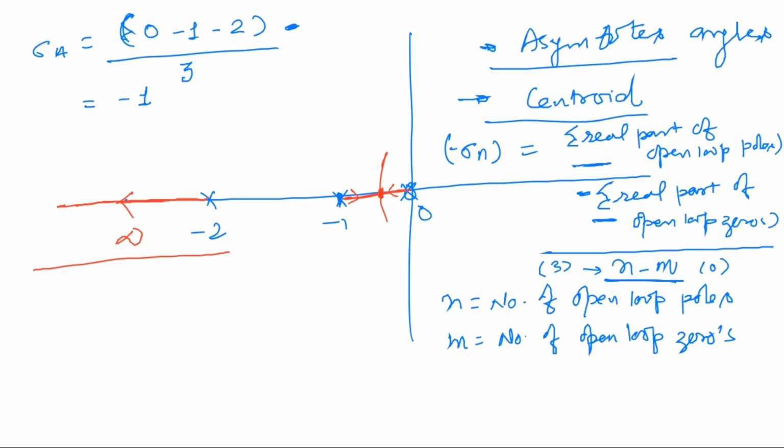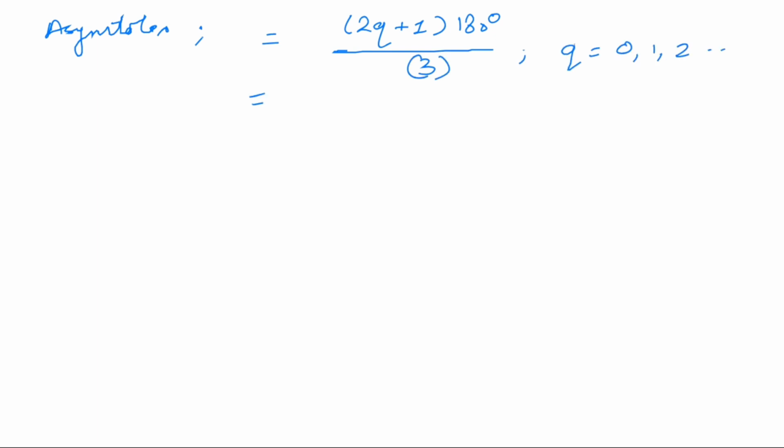Now let's see the formula to find the asymptotic angles. The asymptotes for any particular root locus for the given transfer function can be found using the formula (2q plus 1) times 180 divided by n minus m, where q goes 0, 1, 2, and so on up to n minus m minus 1.